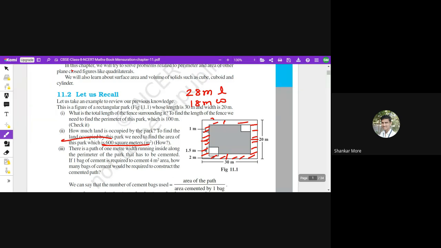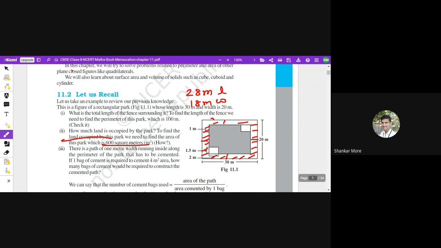So 96 meter square would be the area of that path। Now abhi we have to find out how many number of bags would be required to cement that path। So 96 मीटर स्क्वायर का एरिया है और एक बैग में 4 मीटर स्क्वायर का एरिया कवर हो जाता है। सो हाउ मेनी बैग्स विल बी रिक्वायर्ड? 96 divided by 4, right? 24 bags would be required, right?